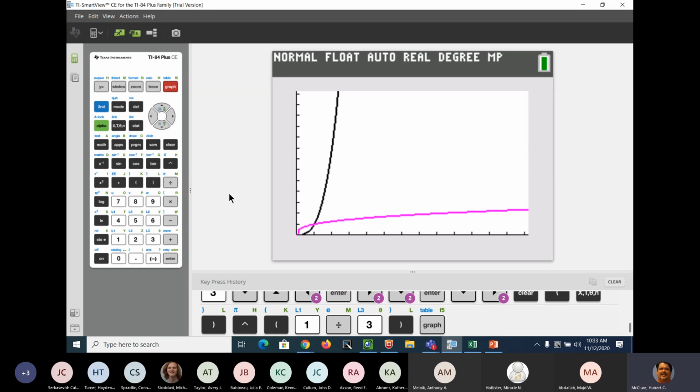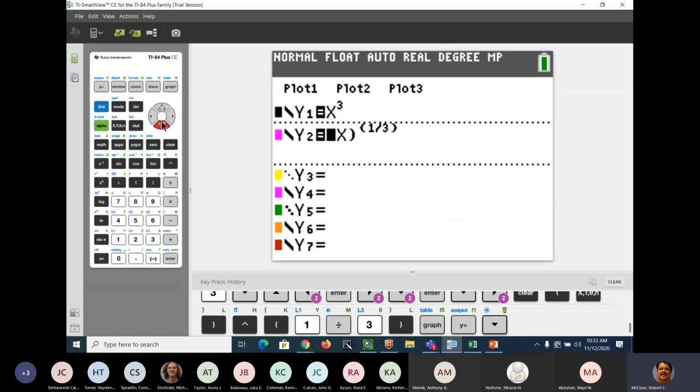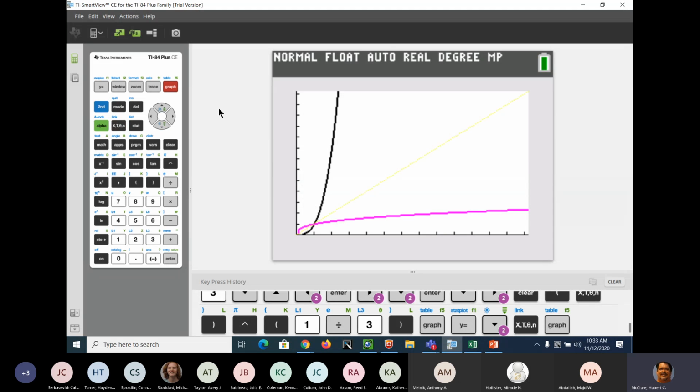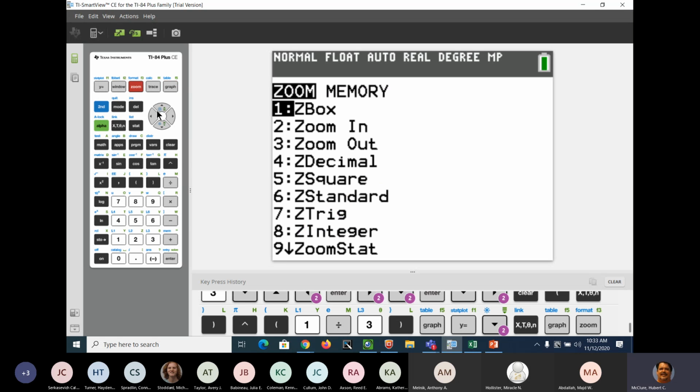Now, I'm going to throw one more thing in here, and it's dotted: y is equal to x, basically the oblique asymptote. So watch this. Now I'm going to blow this little area up right here. Zoom box.